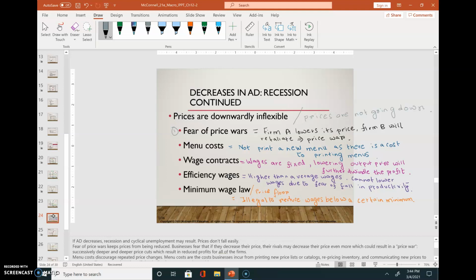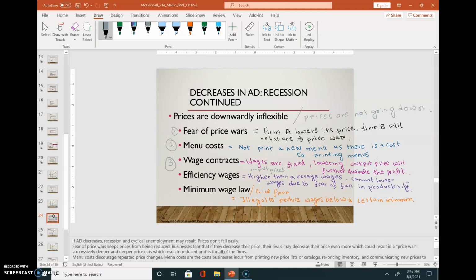Number 2, if we think the recession will not last for a long period, restaurants will not print new menus as there is a cost to printing menus. Number 3, wage contracts. Wages, which are also the input prices, are fixed because we have contractual agreements.